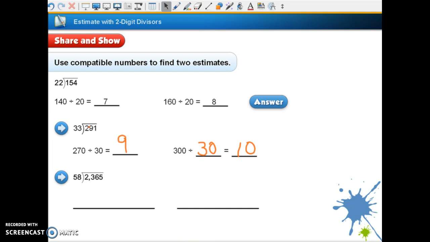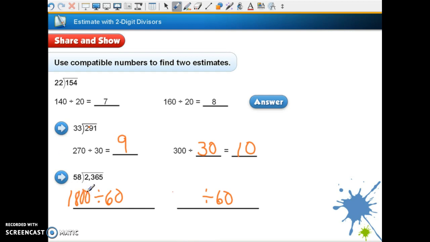All right, in this one we're going to round our divisor to 60 each time. Now we're going to look at what is closest to 2,024. If we do our multiples of 6, we have 6, 12, 18, 24. So what was just below 23 was 18, so we can use 1,800.